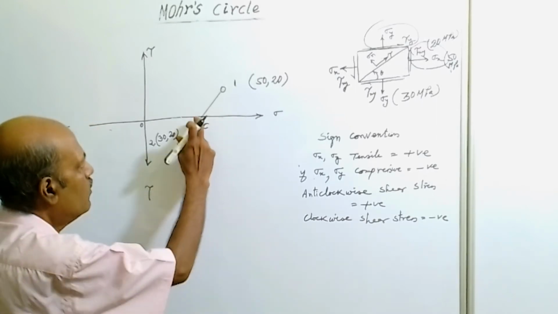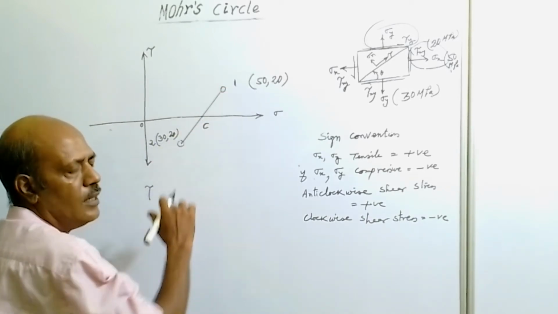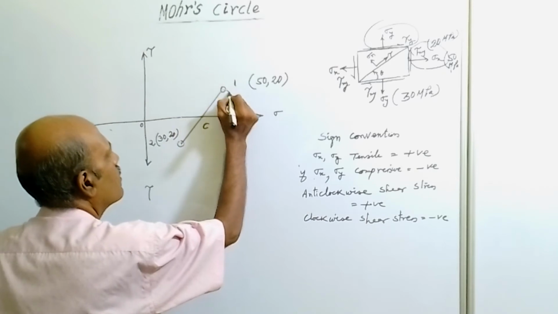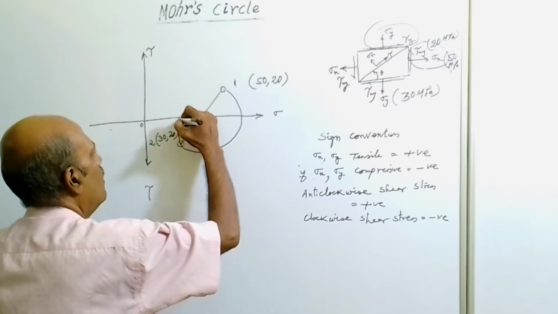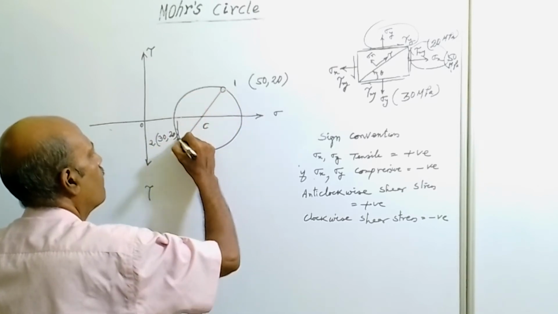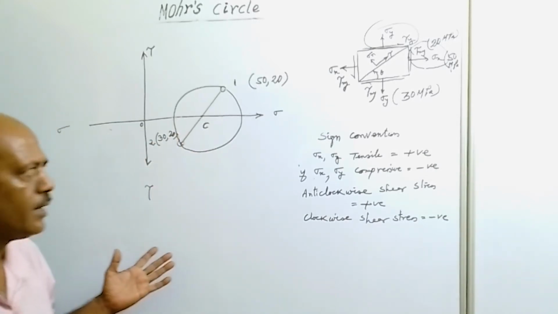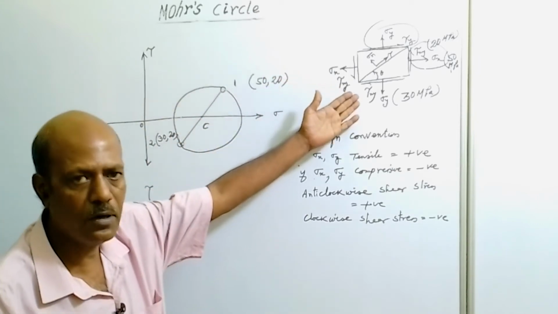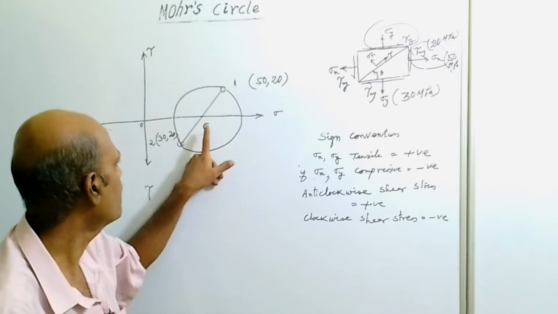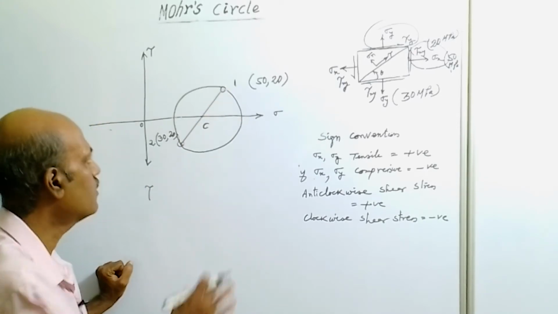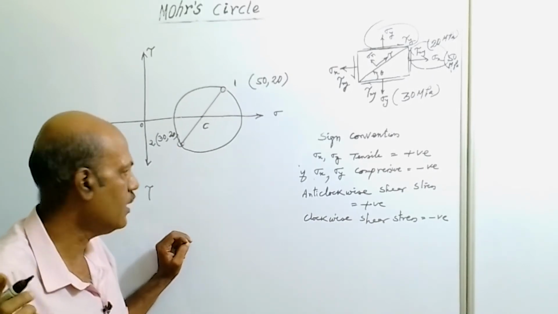Take this as the center, and this distance as the radius, and draw the circle. This circle is known as the Mohr circle. So we have drawn the Mohr circle from the information given on the stressed body, with its center and radius.